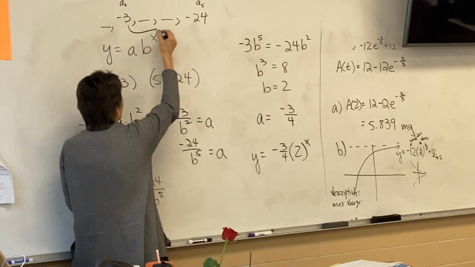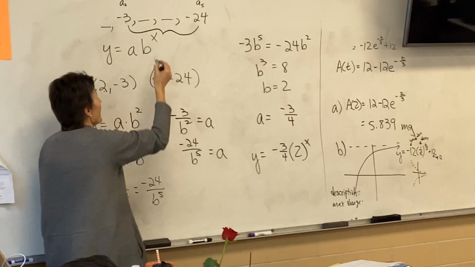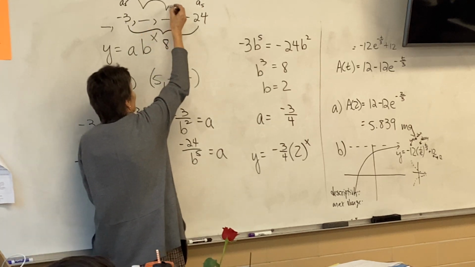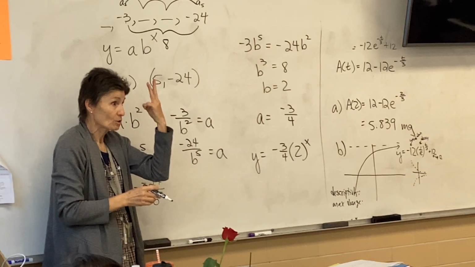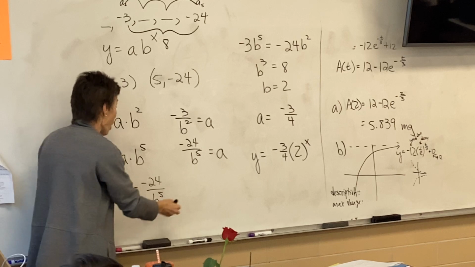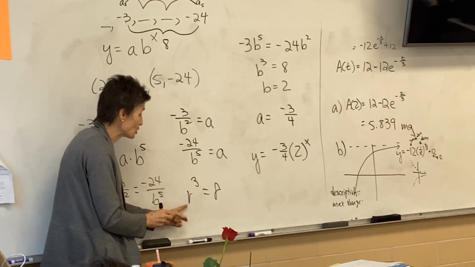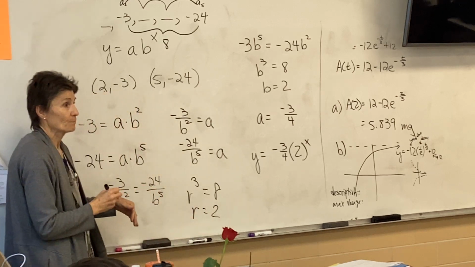What do I have to multiply by to get from beginning to end? 8? And how many steps am I taking to make that happen? From 2 to 5 is 3. So R cubed in geometric sequence language is 8. So guess what? My ratio is 2.